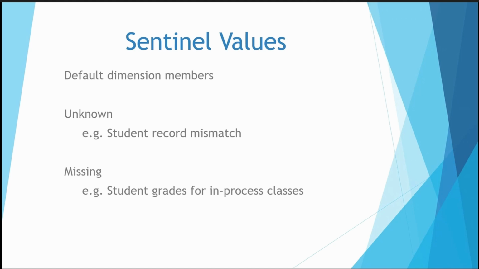Like if I have a fact joined to my student table and there's a record mismatch somewhere, I would have an unknown student, -1. But if I'm doing it to my grade tables and the classes are still going on, we would expect those to be missing.